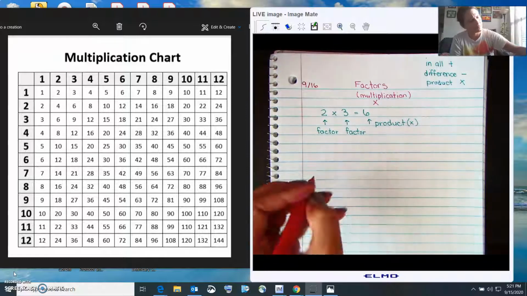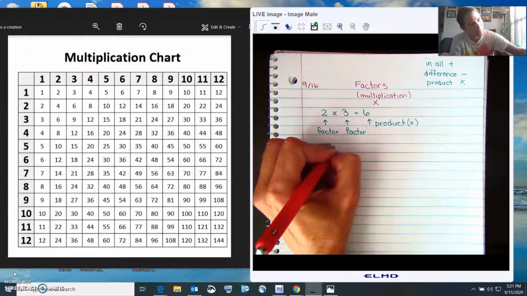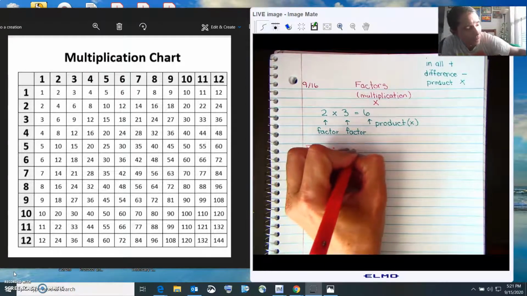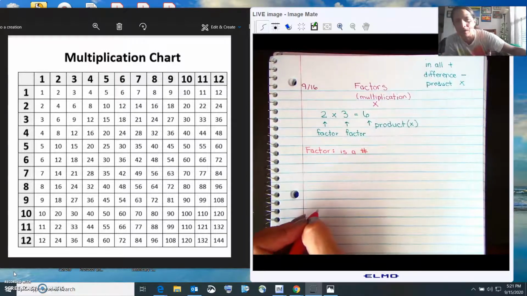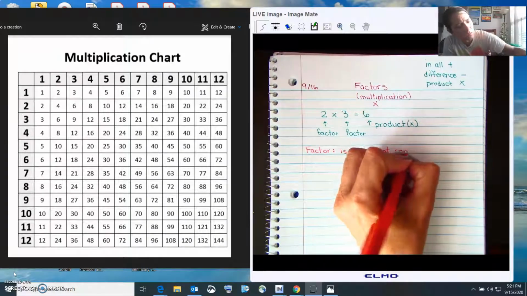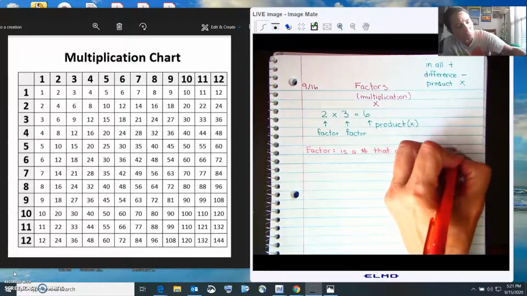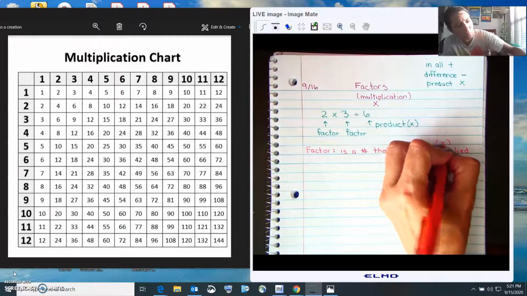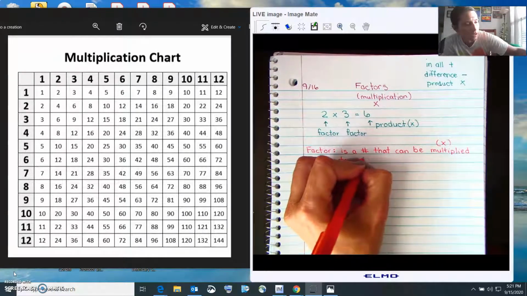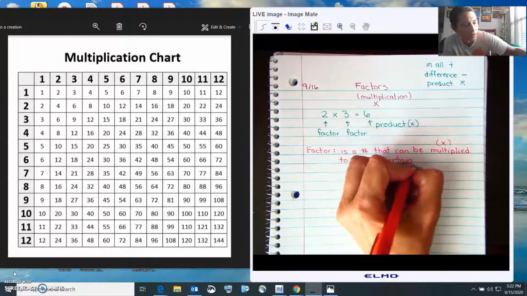So a factor. So here's our definition. A factor is a number, and I'm going to do the number sign, so that means number, that can be multiplied to make a certain product.